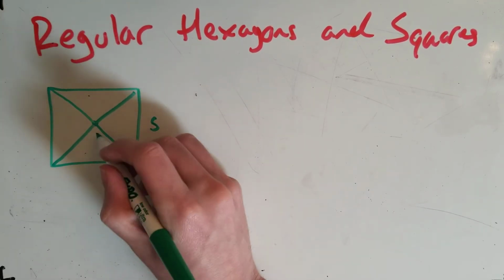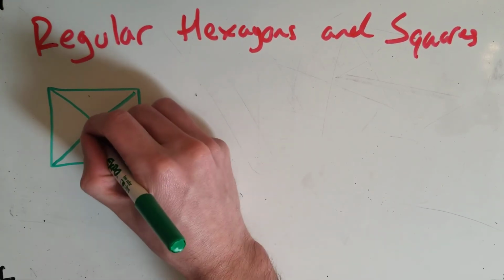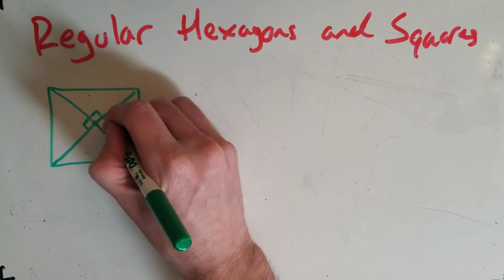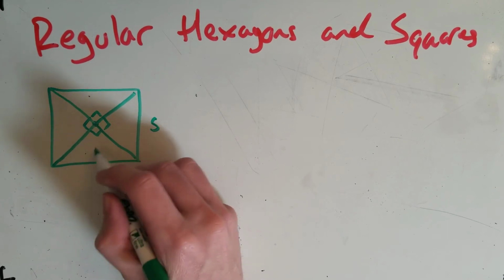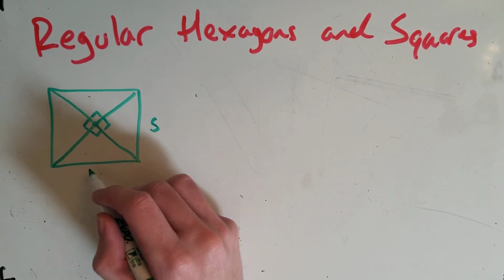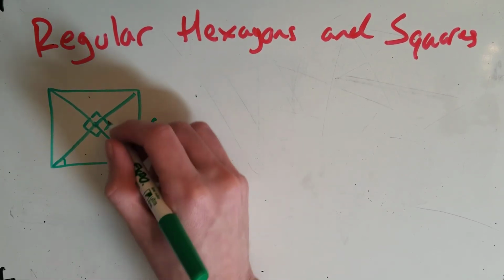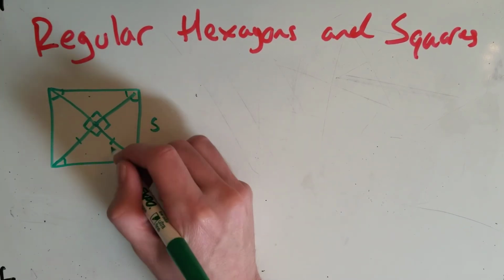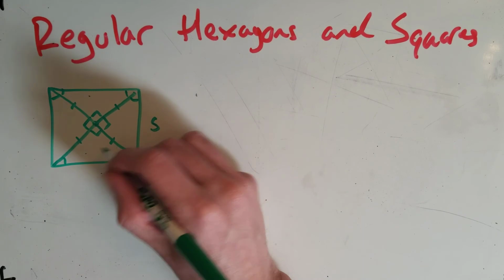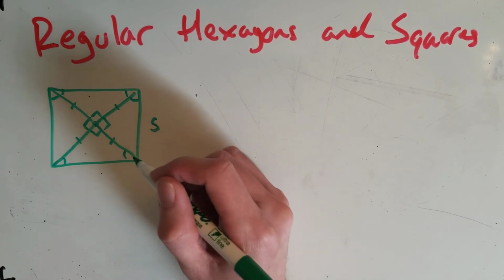When you draw these in, your 4 central angles are all going to end up being right angles. 360 divided by 4. So you're going to end up making 45-45-90s. These are going to be 45s, all marked congruent, and it's also true because they're isosceles.